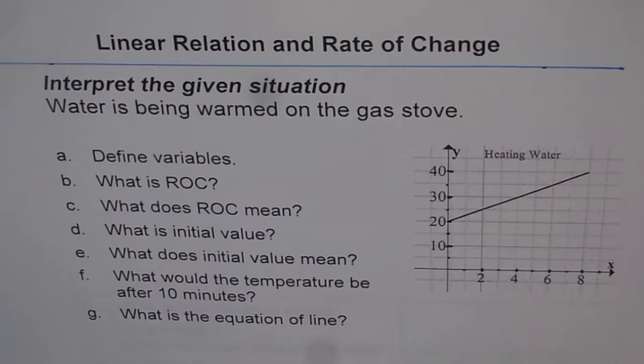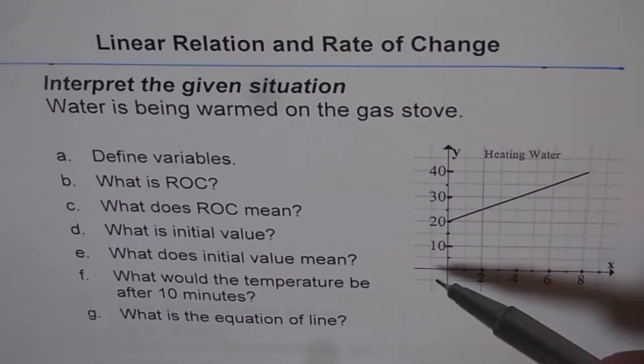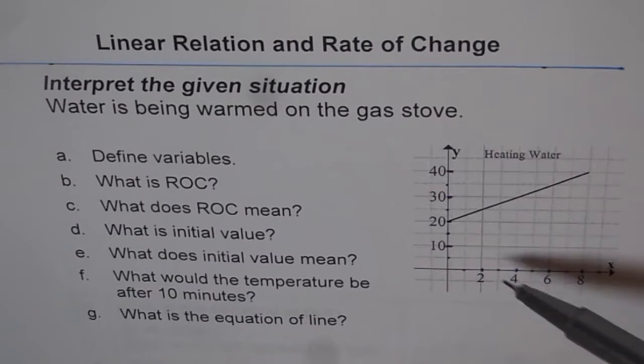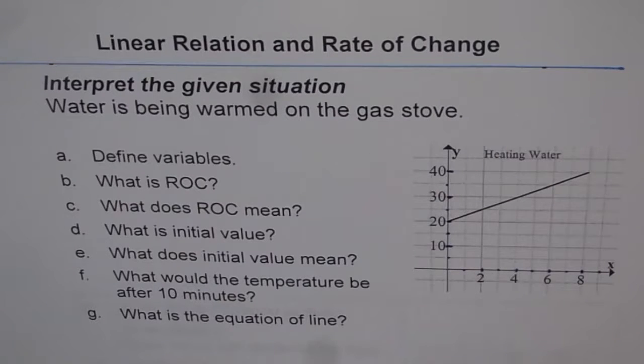Now in this set of videos, we have not given you all the details. So a lot of things are missing even from the graph. It is done on purpose. So this is a default graph where we are showing x along the horizontal axis and y along the vertical axis.